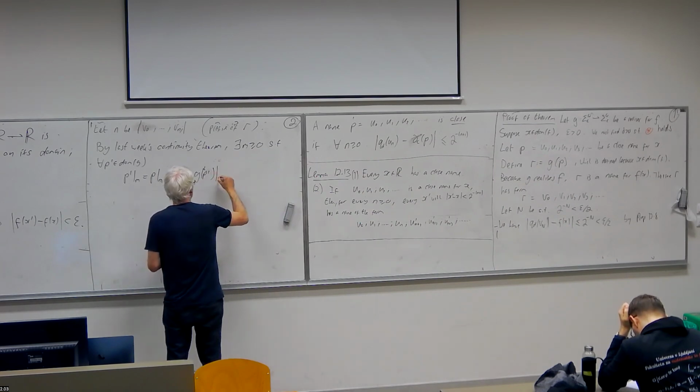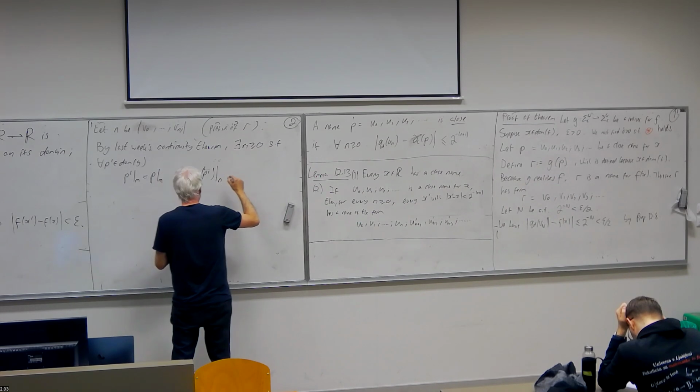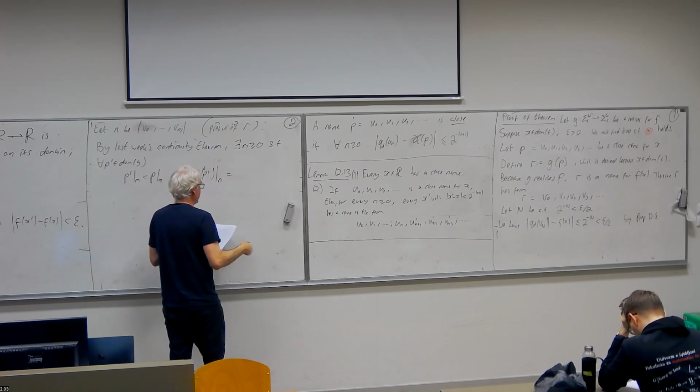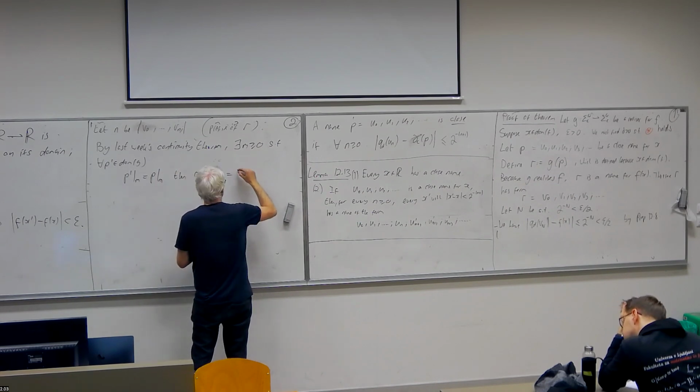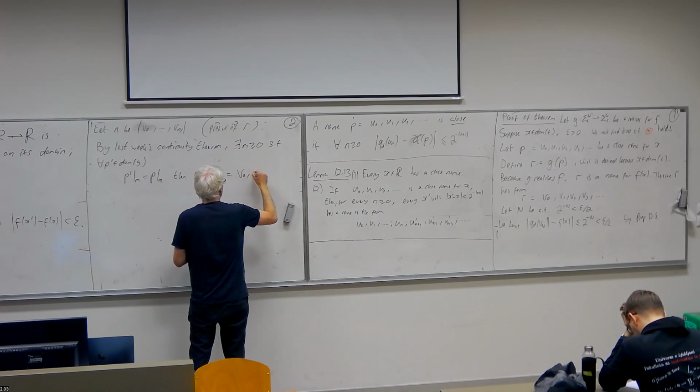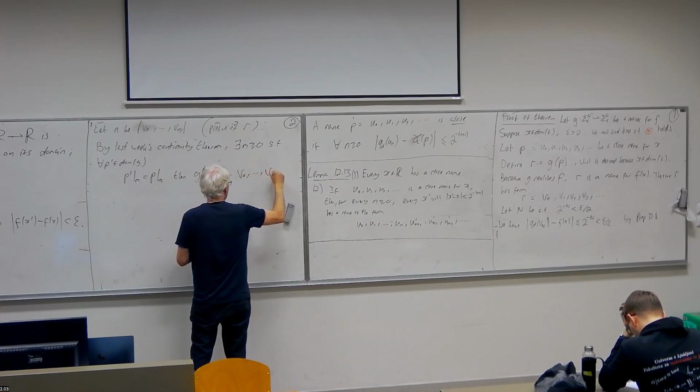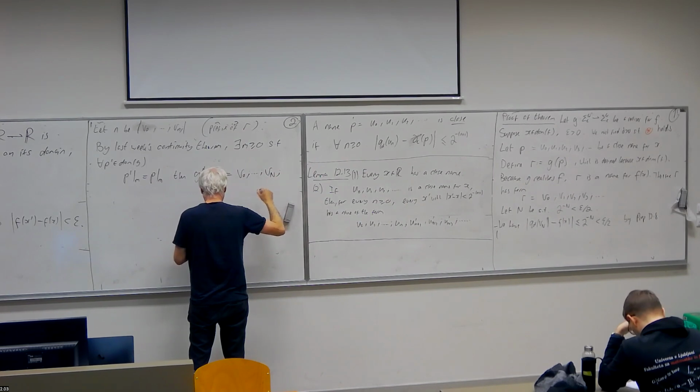In other words, if we restrict this to n, we'll get the same output for the first little n characters, which is again v0 all the way up to v sub n with its semicolon.